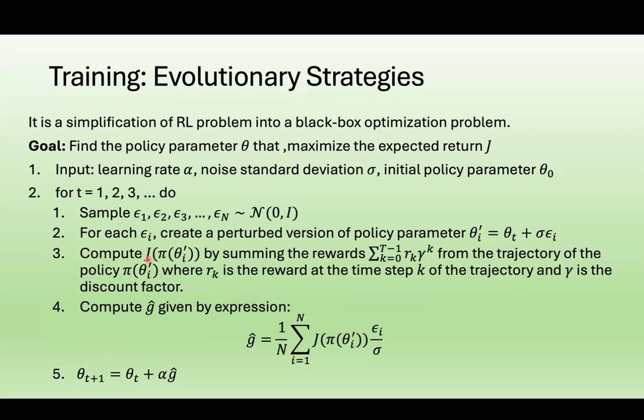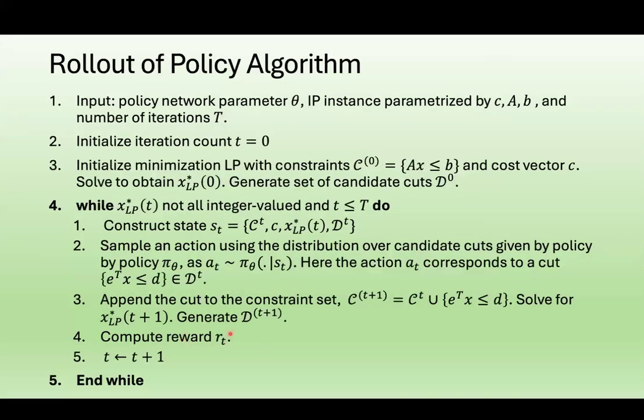Now we compute the expected return J under the policy pi having parameter theta i dash, by just summing the rewards, sigma k equals 0 to t minus 1, rk gamma to the power k, from the trajectory of the policy pi theta i, where rk is the reward at time step k of the trajectory and gamma is the discount factor. So to clarify what rk is, we have seen the reward at each time step.